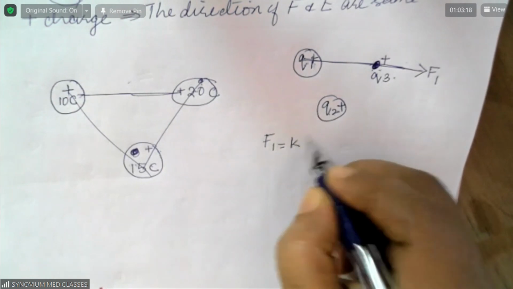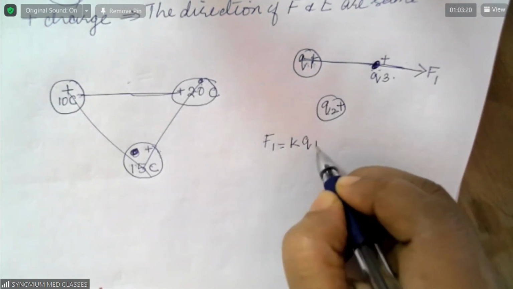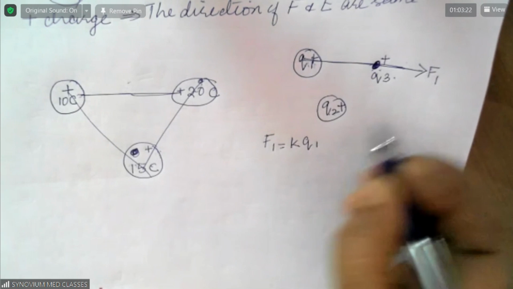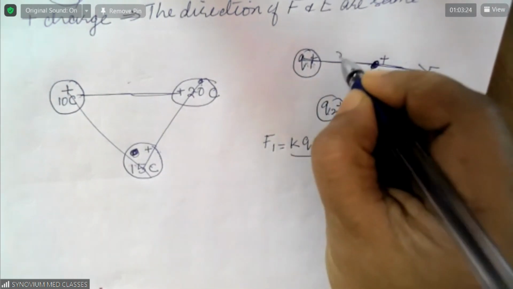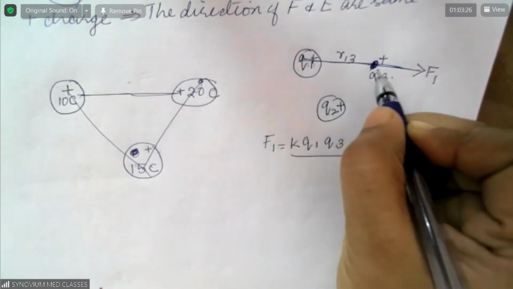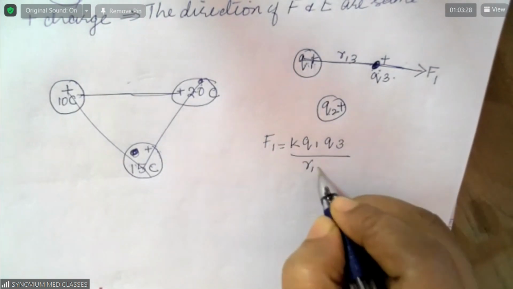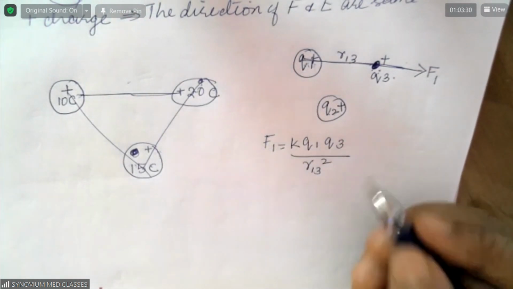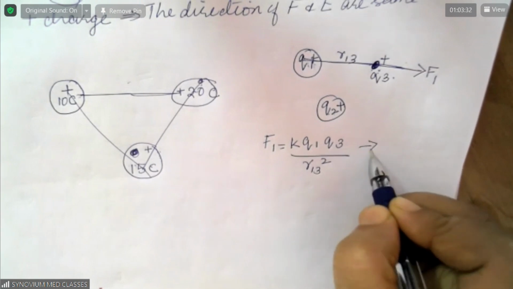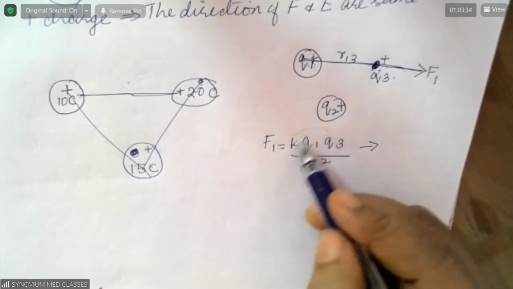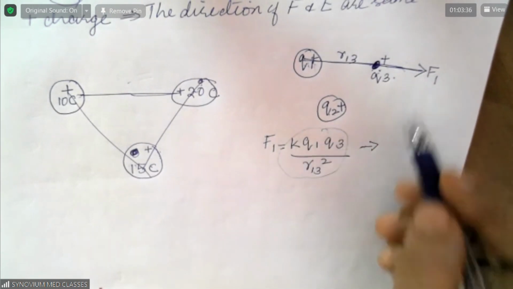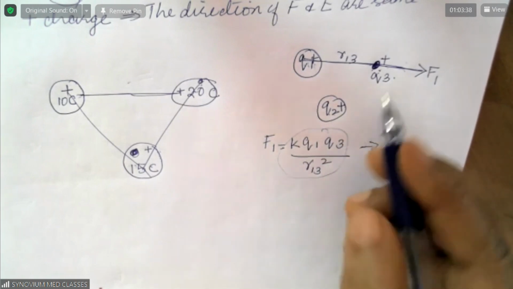K into Q1 into Q3 divided by R13 squared, where R13 is the distance between 1 and 3. This is the magnitude, and this is the direction of that force.